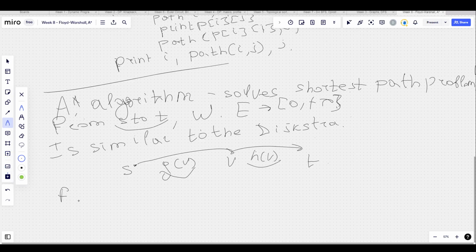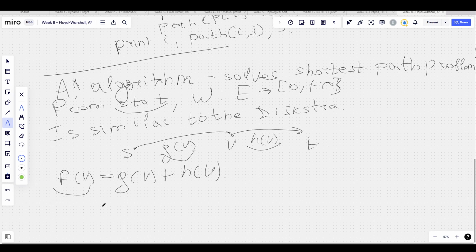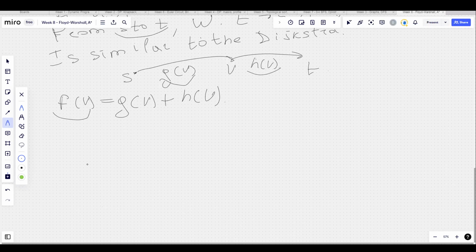It was some idea how to think about this task. G(v) plus H(v), and we are going to store this function in our heap. A star is Dijkstra on this function.